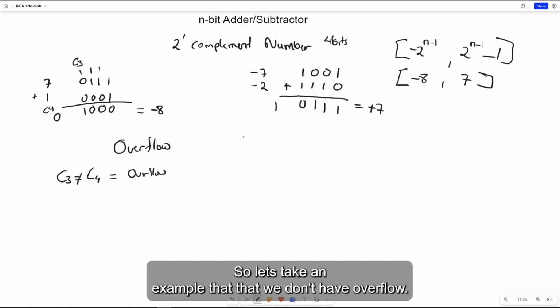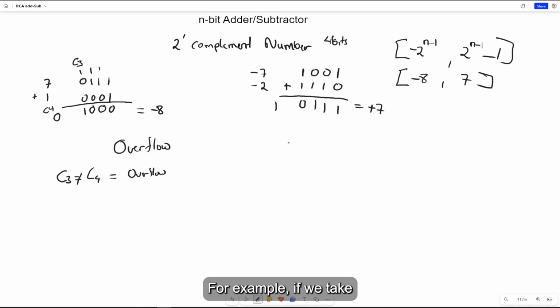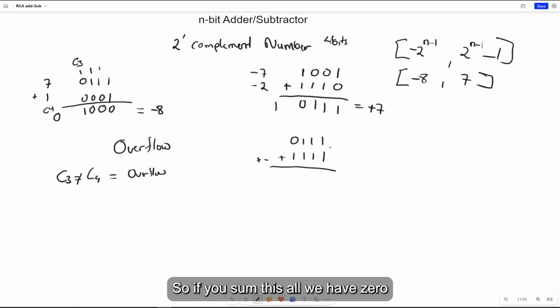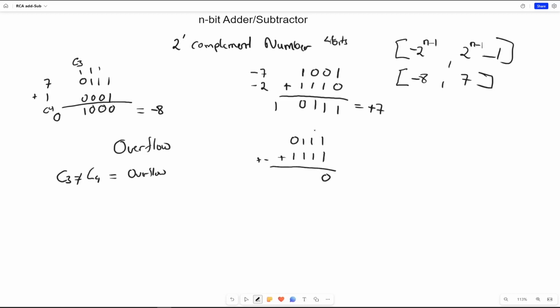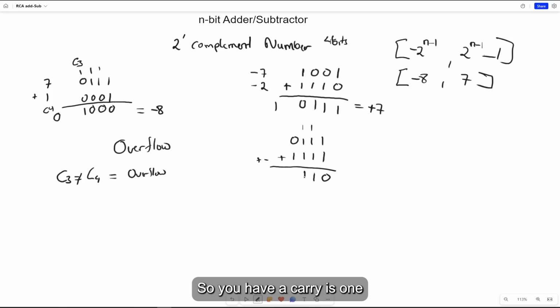So let's take an example where we don't have overflow. For example, if we take 7 plus -1. If we sum this all, we have 0, and then here it's 3. So you have a carry here, it is 1, and you have a carry here, it is 1, and then still you have a carry here.